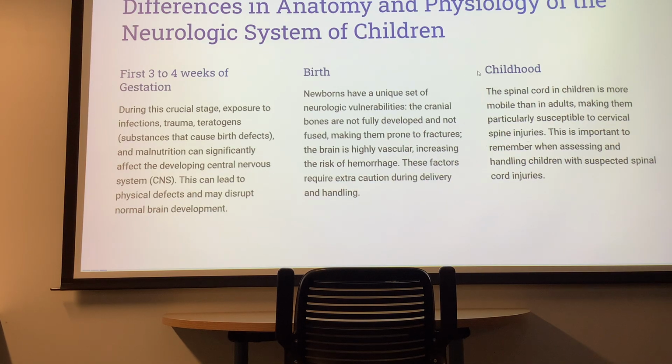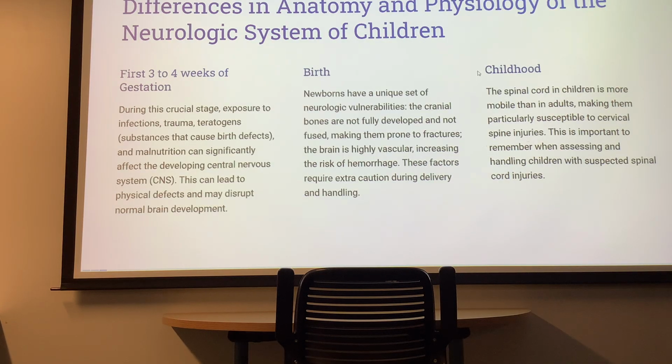Then we see that at birth, they have a unique set of neurologic vulnerabilities. Their skull isn't fused; it's pliable. So if the birth canal is too small and their head is too big, that can squish them, right, and cause some issues there. If they've got a nuchal cord, that can cut off oxygen supply to their brain, right, leading to what disorders? Cerebral palsy, absolutely, right?